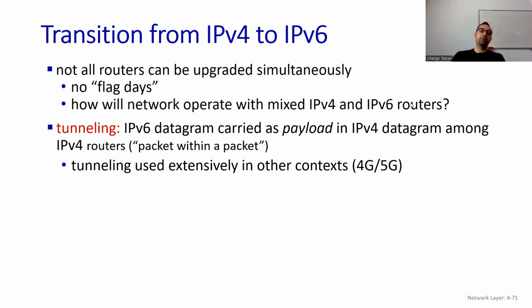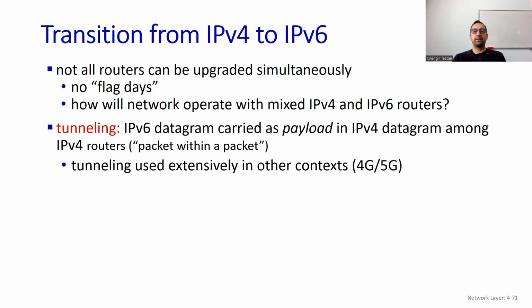Because, if you have an IP version 6 router, they know what an IP version 4 datagram is. But the converse is not true. IP version 4 routers will not understand an IP version 6 datagram. This is why we use tunneling. So IP version 6 datagram carried as payload in IP version 4 datagram among IP version 4 routers. So this is packet within a packet.